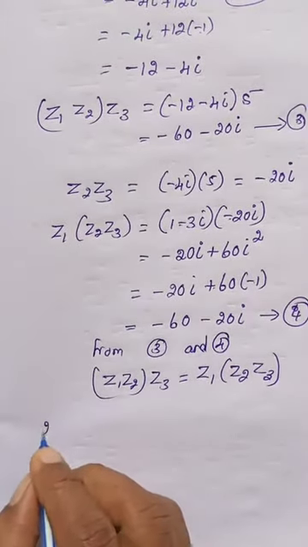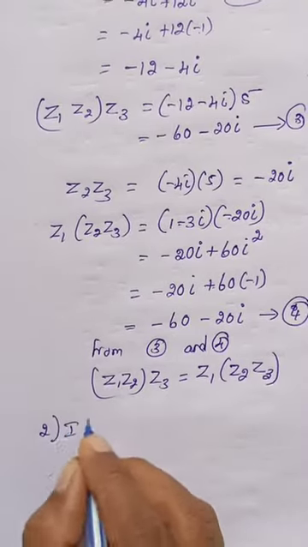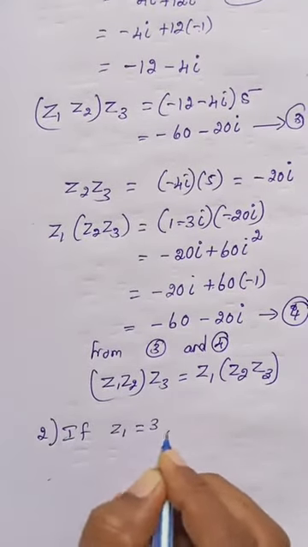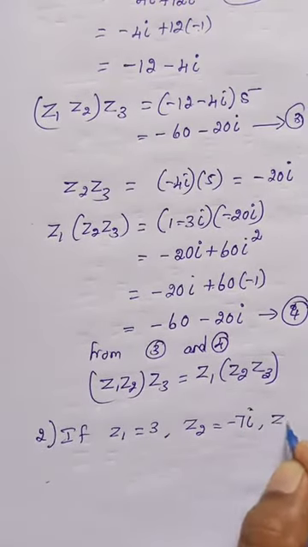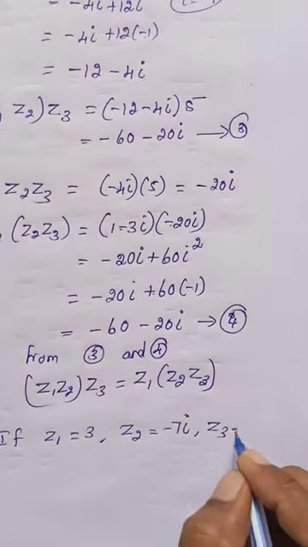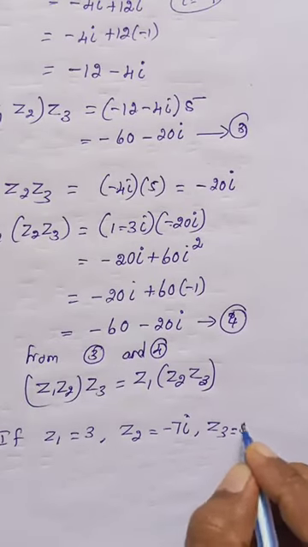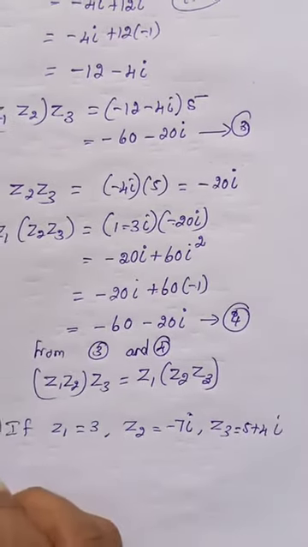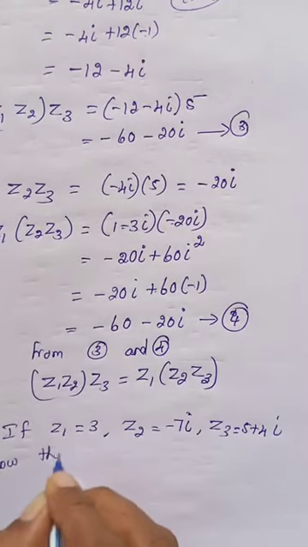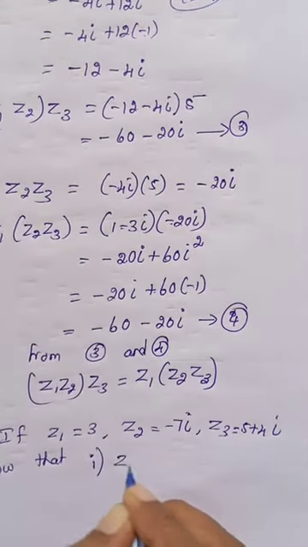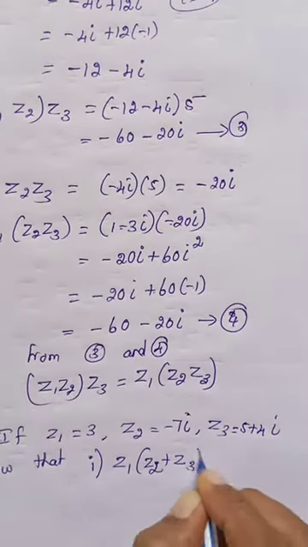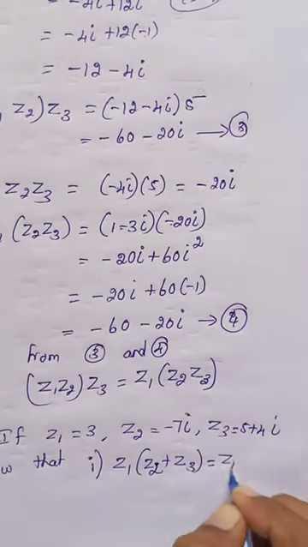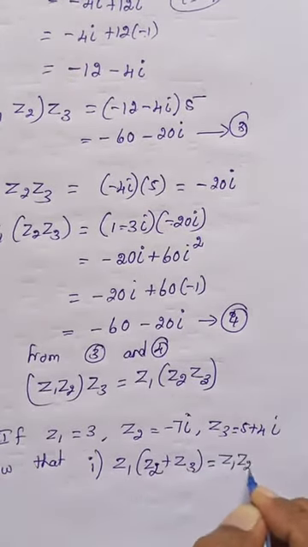Now, the second problem is: if Z1 is equal to 3, Z2 is equal to minus 7i and Z3 is equal to 5 plus 4i, show that subdivision 1, Z1 into (Z2 plus Z3) is equal to Z1 Z2 plus Z1 Z3.